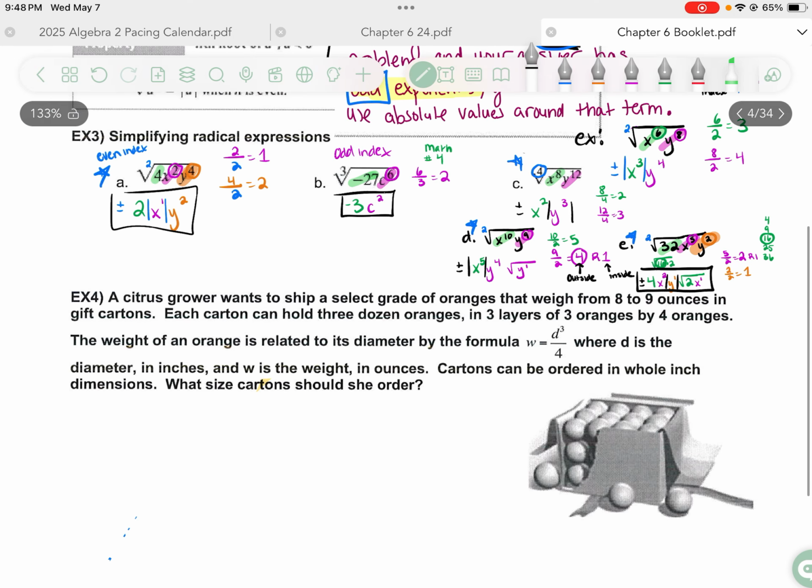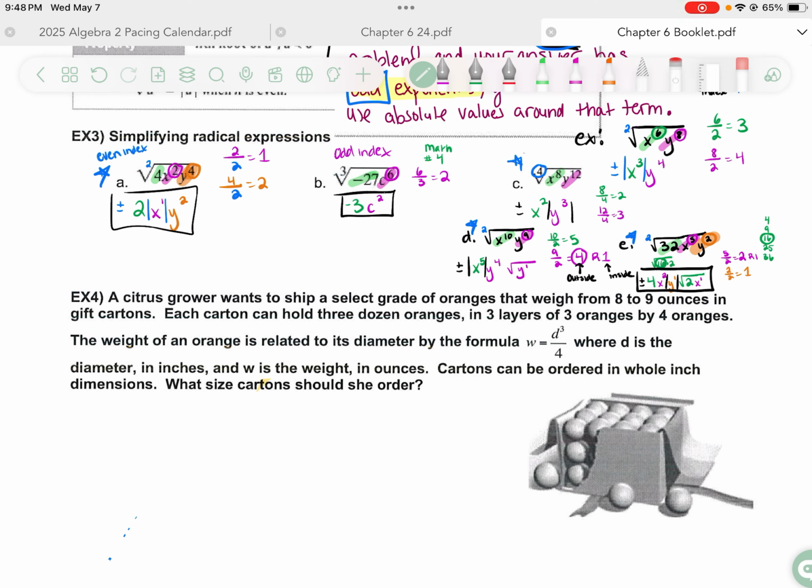All right, so the last problem here is your real world example problem, so you can understand where this is used outside of the classroom. So go ahead and read that paragraph, please.